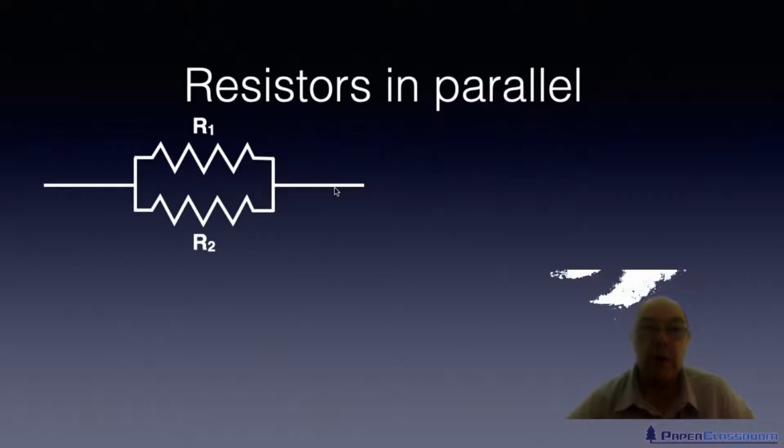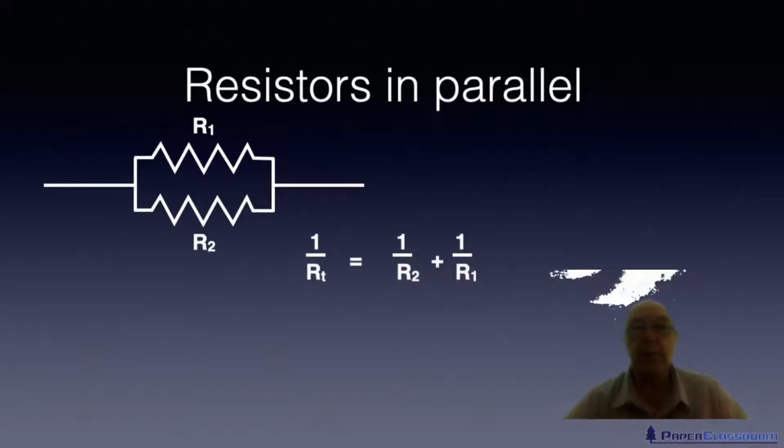So the formula for calculating the resistance where you have 2 resistors in parallel is this: 1 over RT, the total resistance, equals 1 over R2 plus 1 over R1.